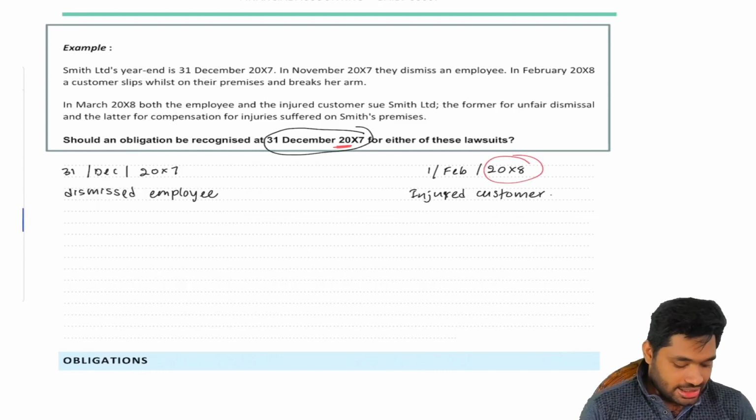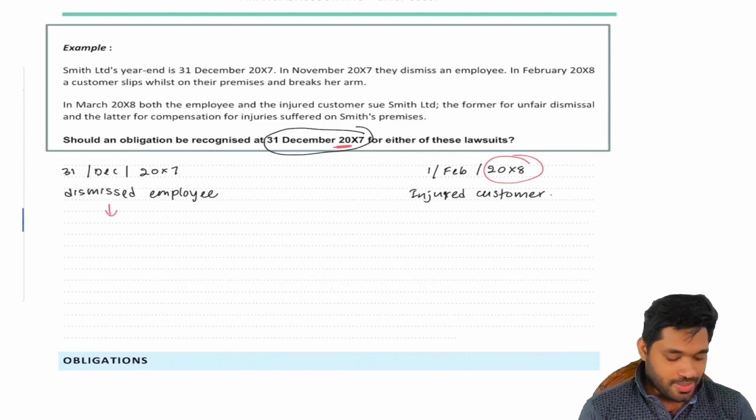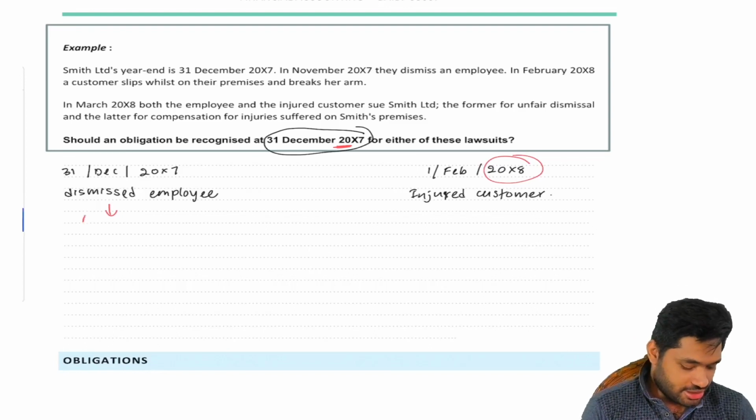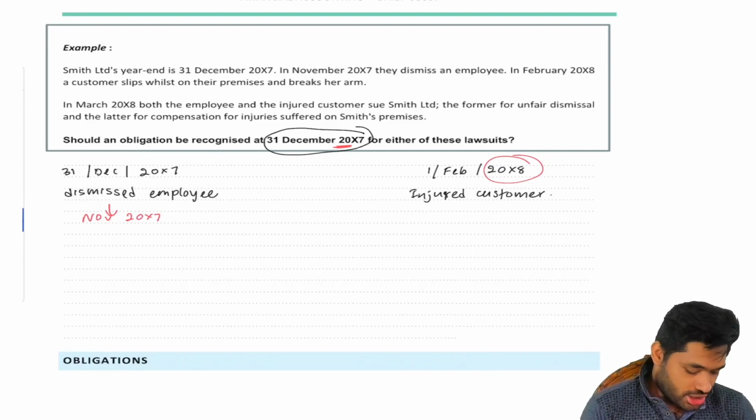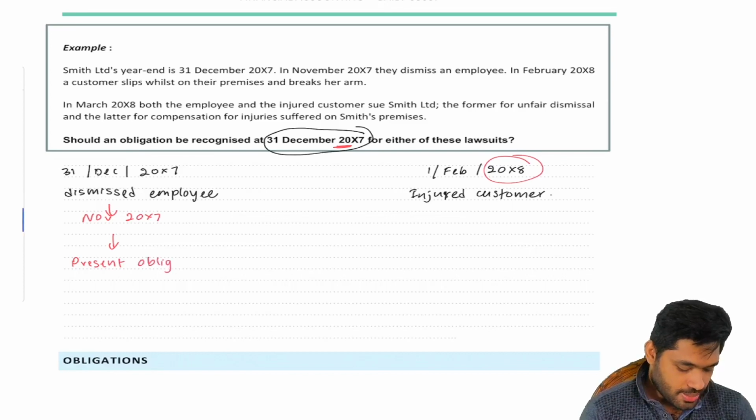But when you look at the employee's dismissal, the employee was dismissed in November 2007. Right? Now November 2007 belongs to the current financial year. Right? So here a present obligation exists due to a past event.